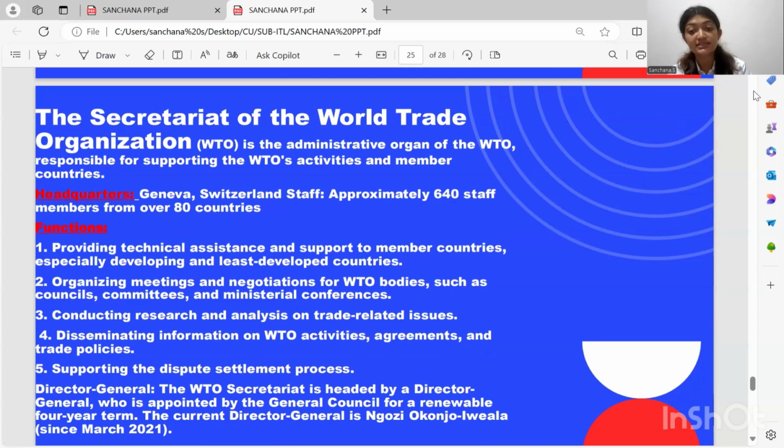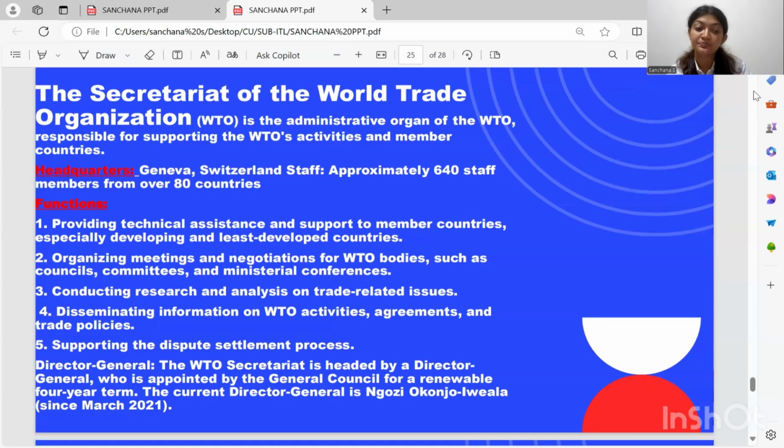Functions: providing technical assistance and support to the member countries, organizing meetings and negotiations for WTO bodies, conducting research and analysis on trade-related issues, disseminating information on WTO activities, and supporting the dispute settlement process. Director General: the Secretariat is headed by the Director General, who is appointed by the General Council for a renewable 4-year term. The current Director General is Ngozi Okonjo-Iweala since March 2021.